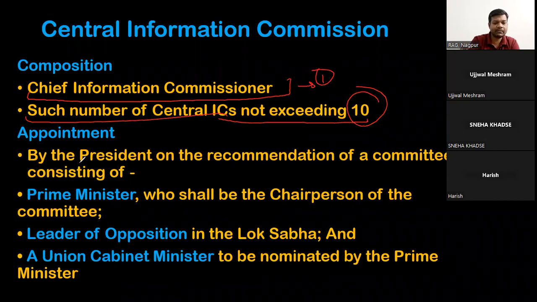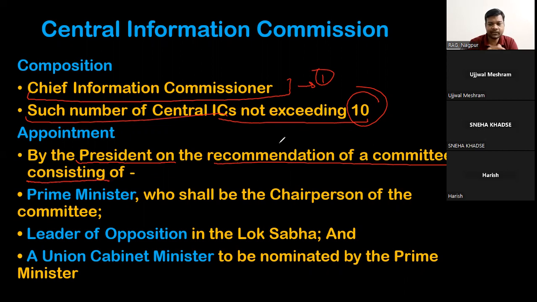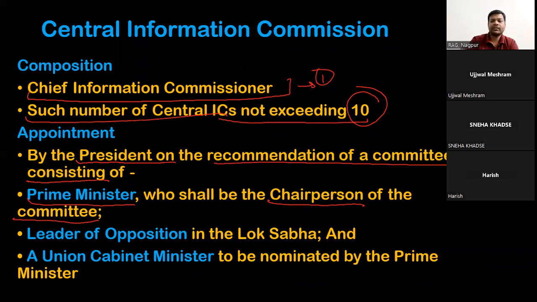Appointment is done by the President on the recommendation of the committee, which consists of the Prime Minister, who is the chairperson of the committee. If the Prime Minister is a member of any committee, he automatically becomes the chairman of the committee, right?